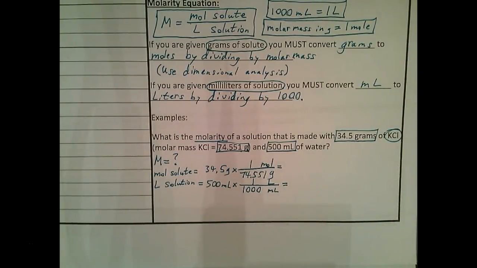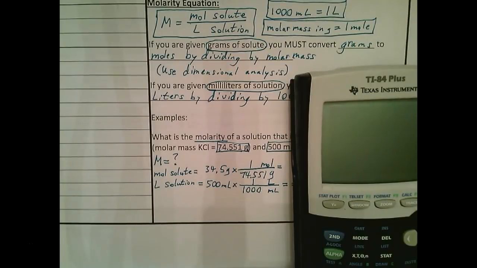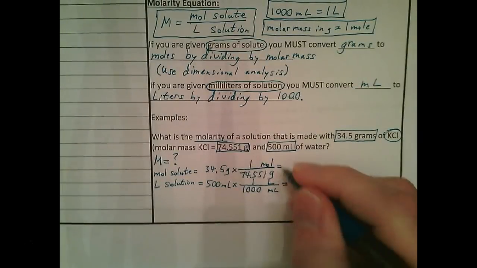If we put that in our calculator, 34.5 times 1 over 74.551, I get 0.4627 and so on. I want to keep 3 sig figs, so that's going to be 0.463.